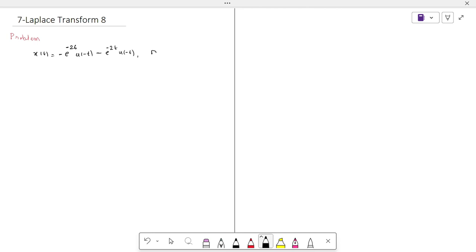Then determine X(s) and region of convergence. So this is the case.